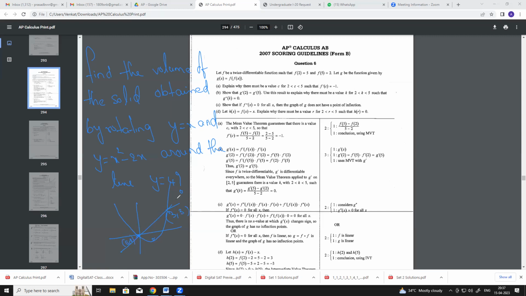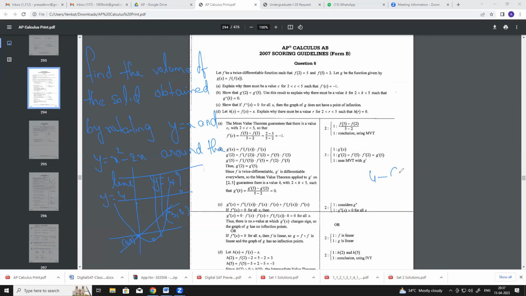And if you see the question, rotate about the line y is equal to 4. Here, somewhere around, this is 3, right? So here y is equal to 4 is this. Rotate about the line y is equal to 4. Now this is the outer radius squared minus this.